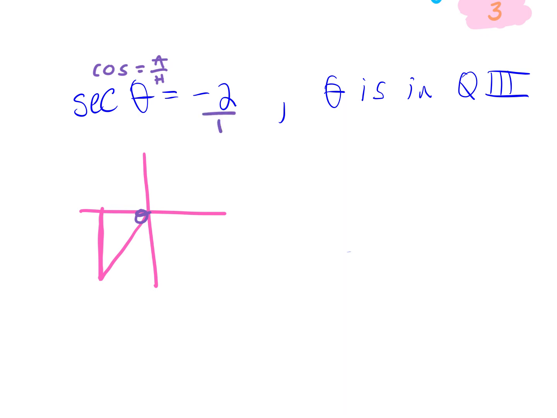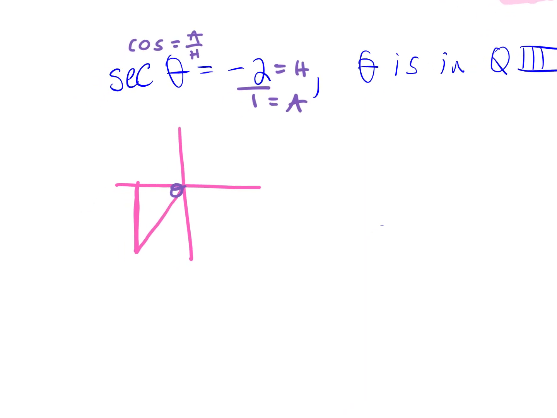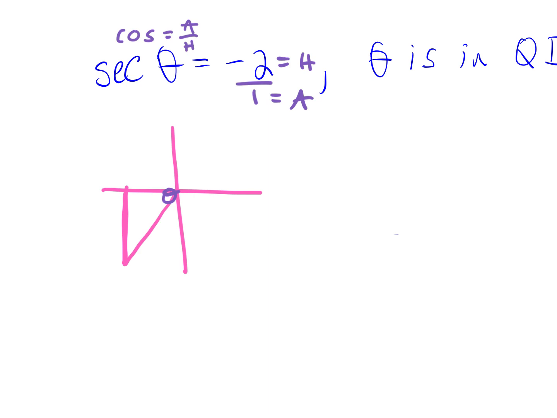So instead of it being cosine is adjacent over hypotenuse, we have hypotenuse over adjacent. Now remember on the first slide when I said that r can never be negative, our hypotenuse can never be negative, so that negative actually goes with the 1.